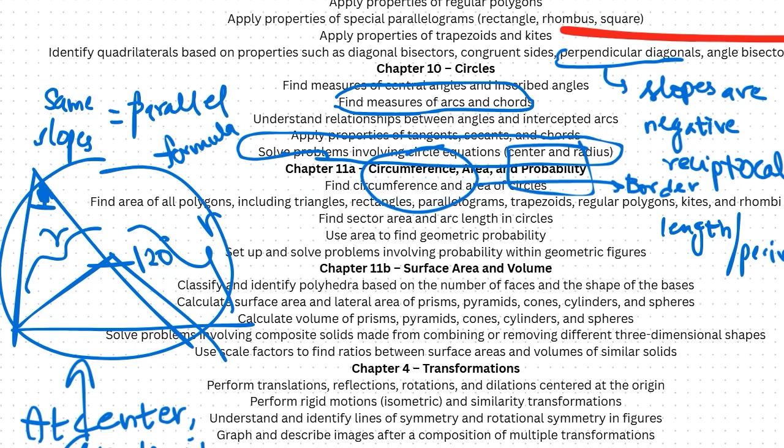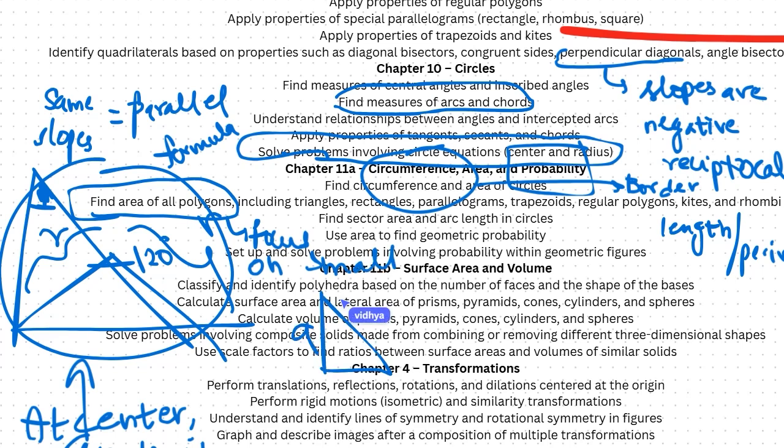This we covered just now. Surface area and volume. And area of all polygons means focus on that small triangle. Small triangle means just apothem, radius, and then side by 2. You have to find how much is this angle.